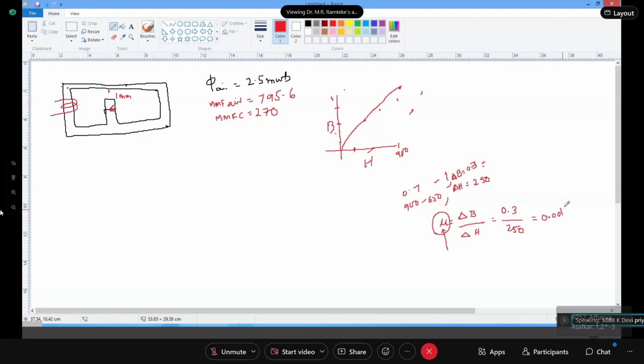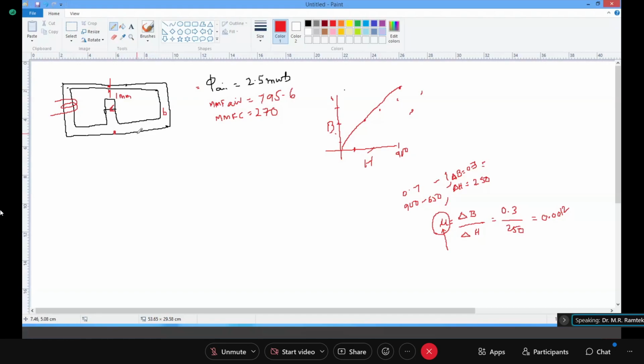Okay, now you got the mu. Then it's a very simple way. MMF for this is known to you. Clear? MMF for this total path, which will be coming across this, I think it was named as B or A, I think it was B, this portion, 60 centimeter.